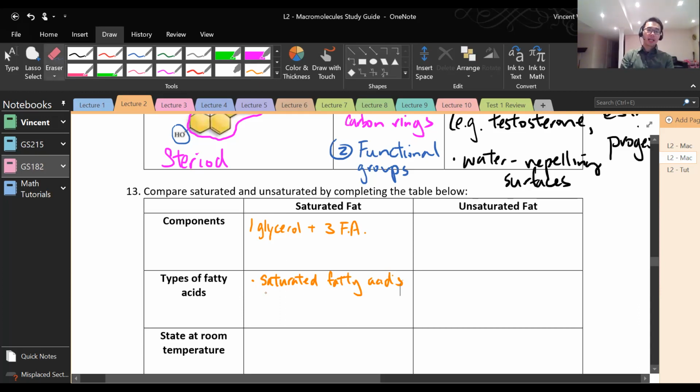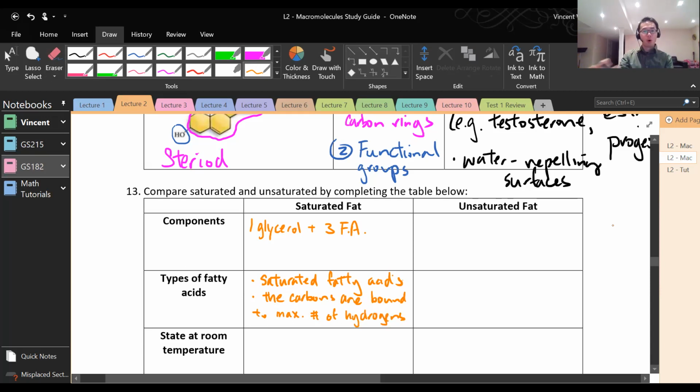Well, saturated fatty acid means that the carbons in the fatty acids are bound to the max number of hydrogens.